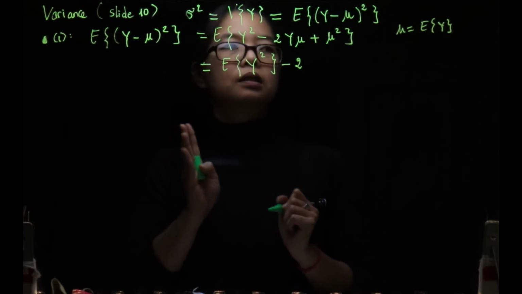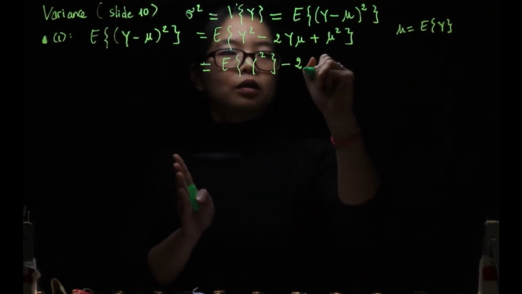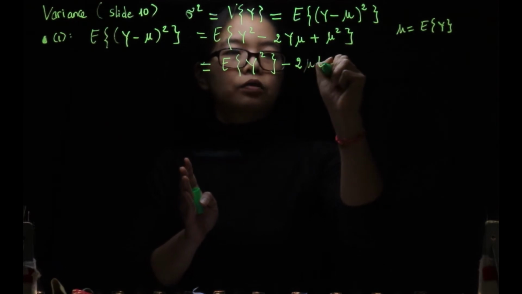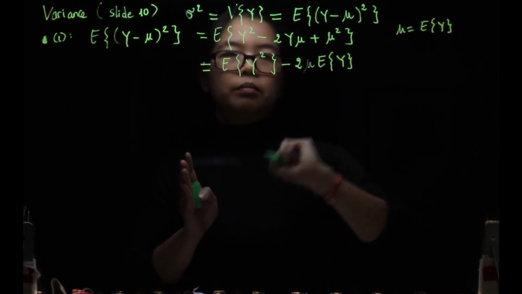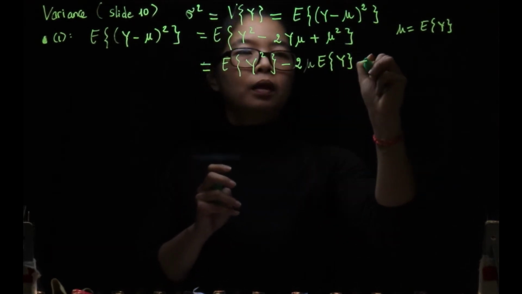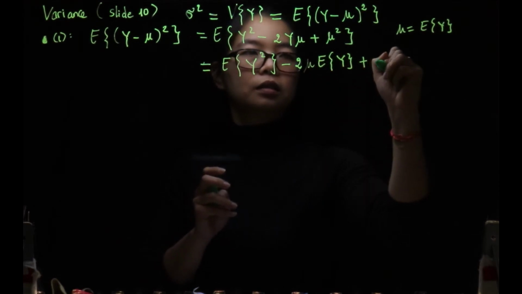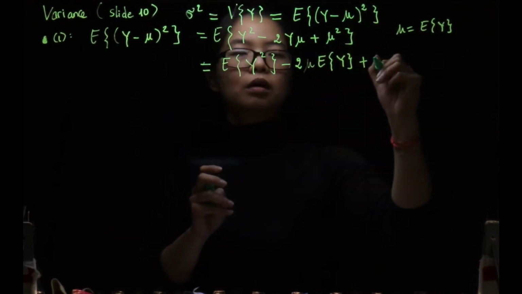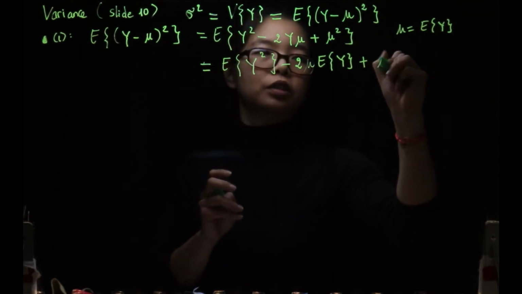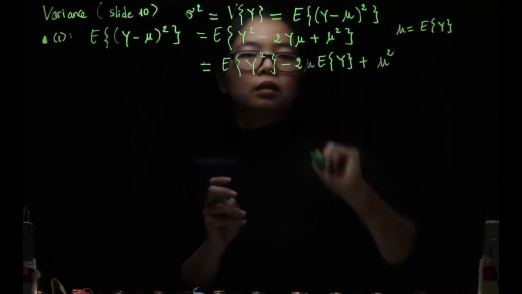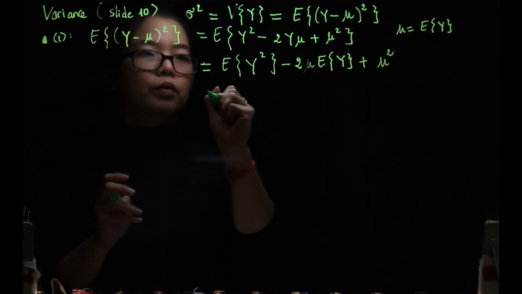It also means now you can treat it as a constant, and as a constant means you can put it outside of the expectation brackets, right? And then finally plus, again because it's constant, the square of it is also a constant, therefore the expectation of the constant is the constant. No need for E with curly brackets over there anymore.